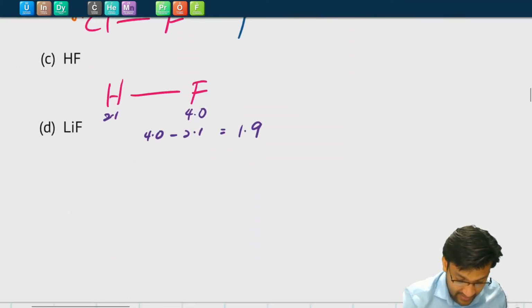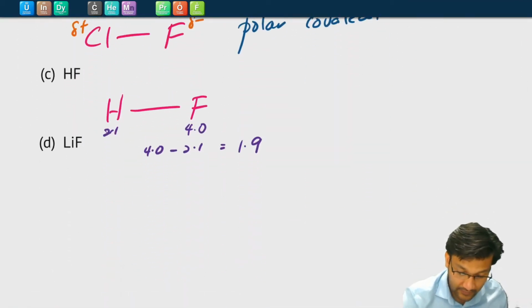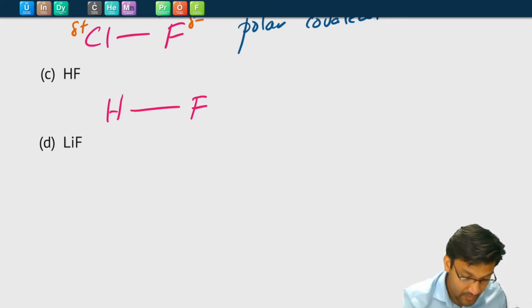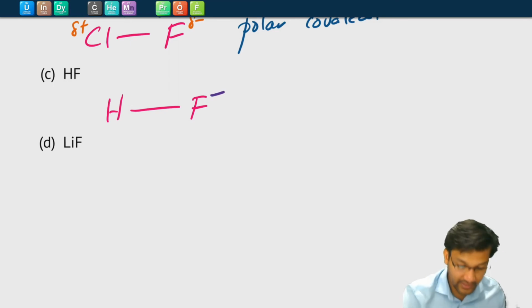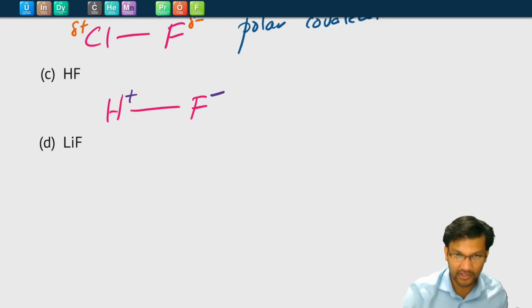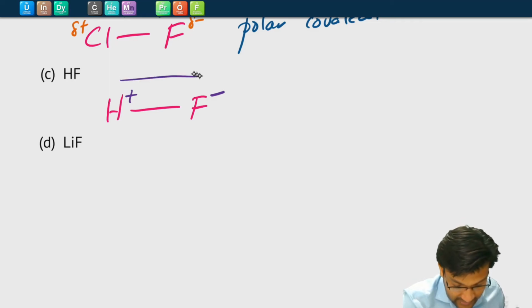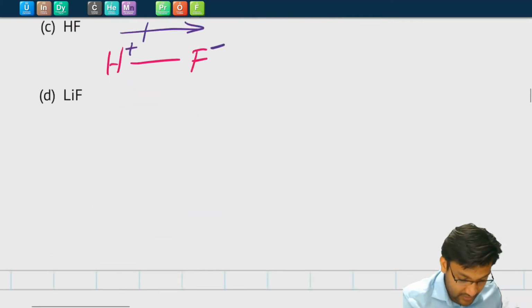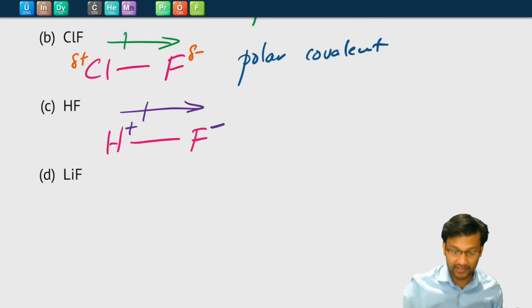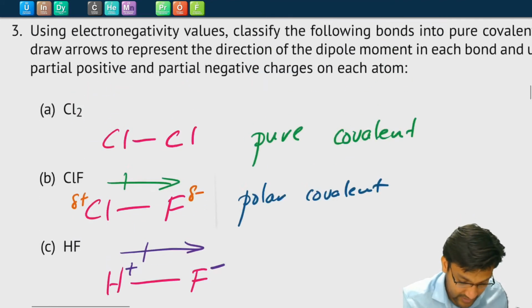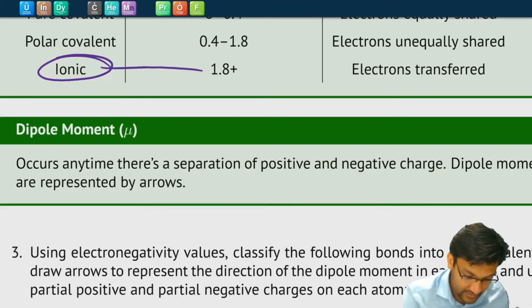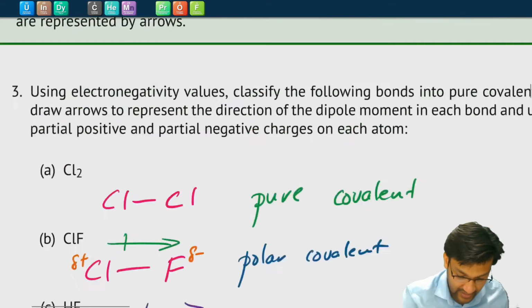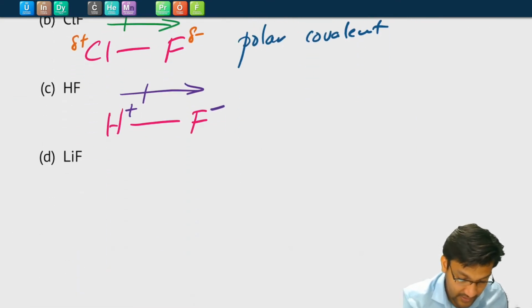So in the ionic category, the pull of fluorine is so much stronger than hydrogen that it doesn't form a partial negative charge, it forms a full negative charge, which means that hydrogen is missing one of its electrons, so it's a full positive charge. The dipole moment is still in this direction, but because fluorine completely pulled the electron away from hydrogen, because of how strong it is, it falls in the ionic category, they actually form ions, and so this would be ionic bonding.